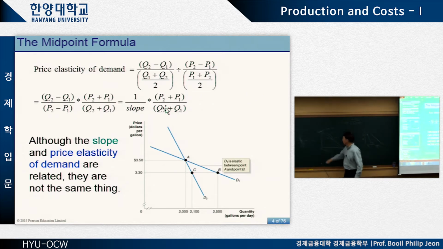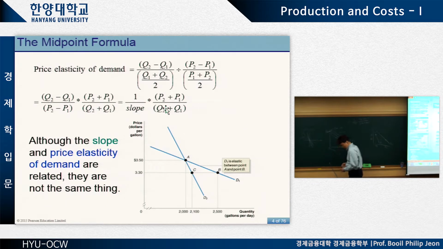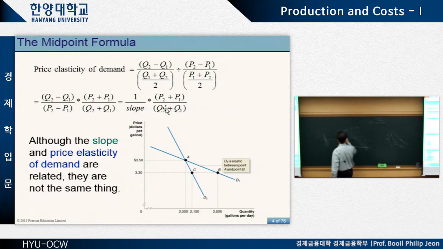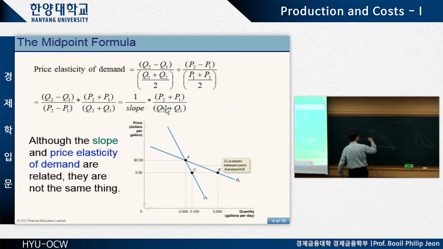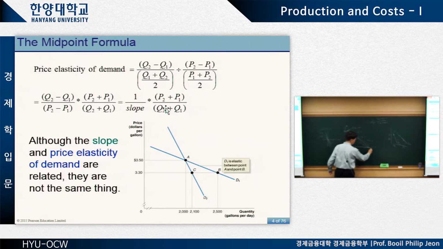This intercept is, let's say, P star, and this intercept is Q star.